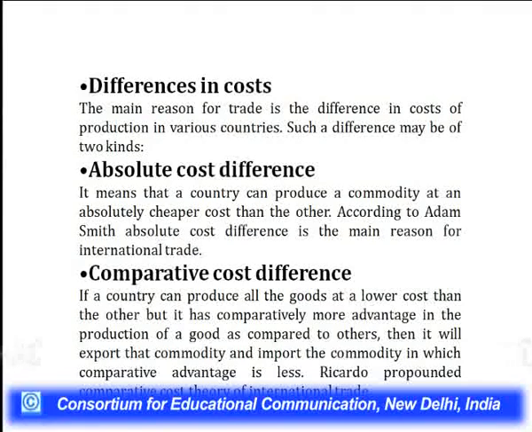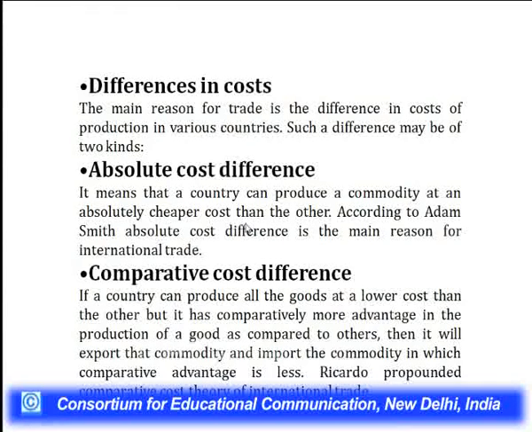These cost differences can be of two types. One is absolute cost difference, another is comparative cost difference. In absolute cost difference, a country can produce a commodity at an absolutely cheaper cost than the other.